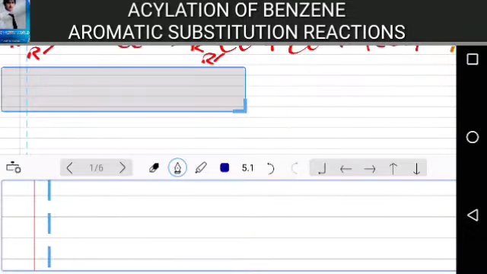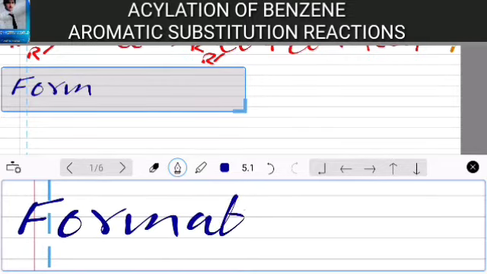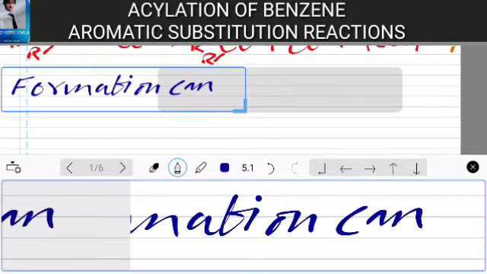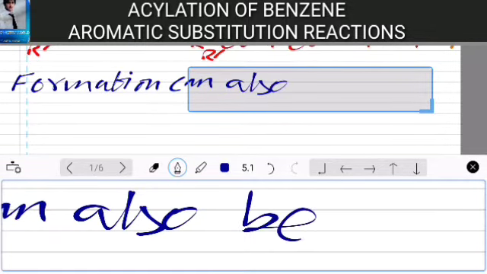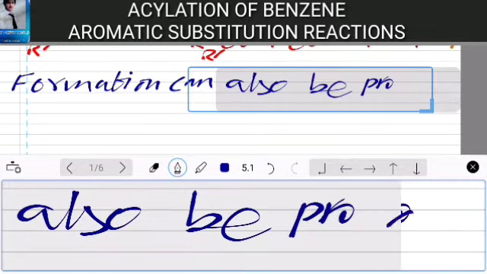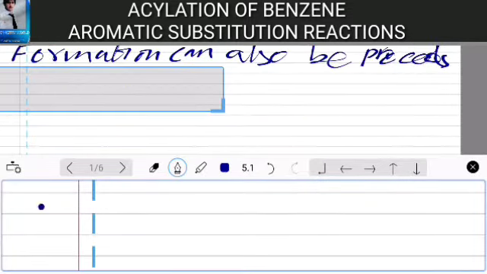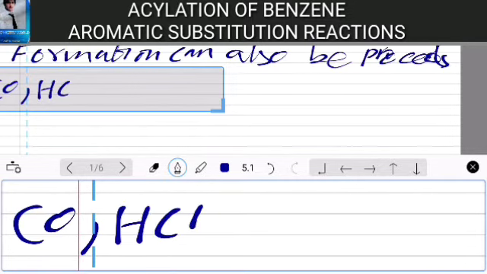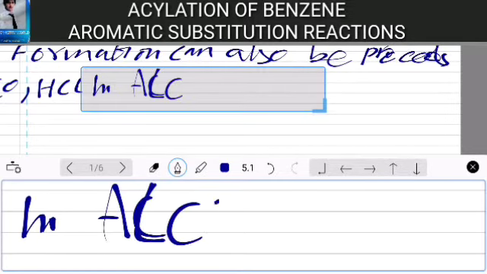We can also use another catalyst instead of AlCl3. Formylation can also proceed by carbon monoxide and HCl instead of AlCl3.